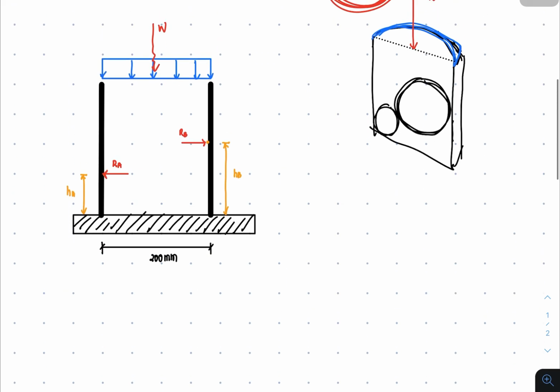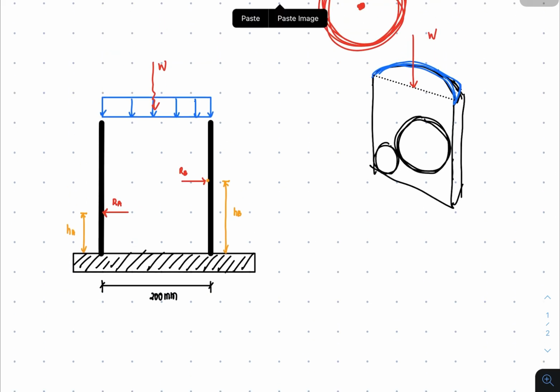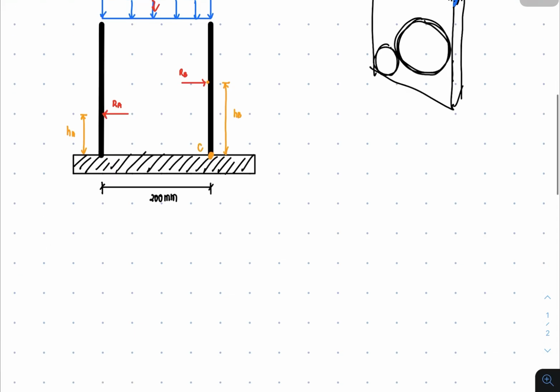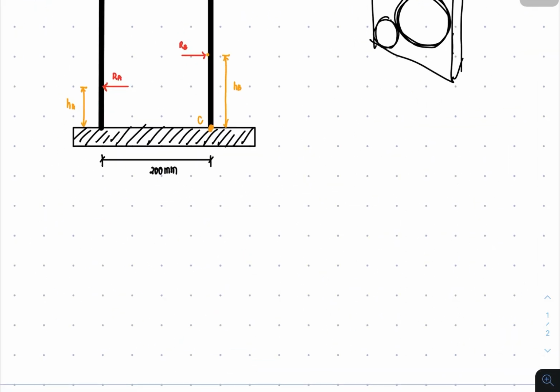So in order to not tip over, we need to get this W. We will be taking moments at this point of the cylinder, which I'll call point C. We create the equation: summation of moments about point C equals 0, clockwise positive, counterclockwise negative.